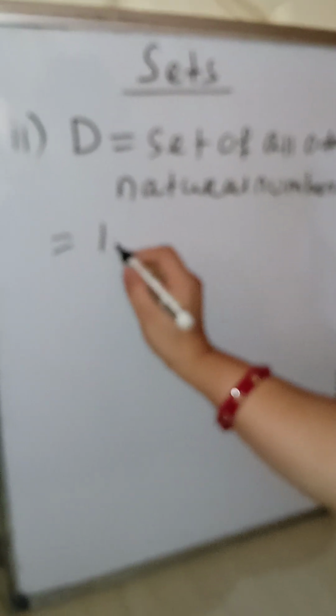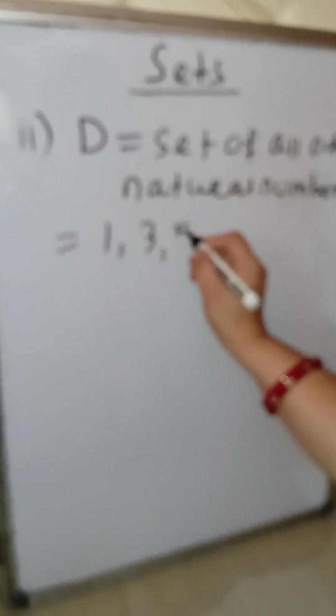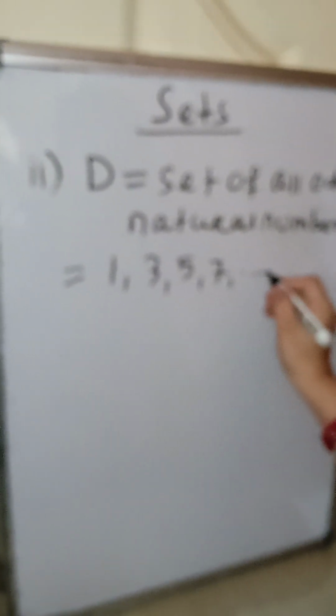The odd natural numbers are 1, 3, 5, 7, dot, dot. It means we cannot write all the elements of this set. The dots tell us that the list of odd numbers continues indefinitely. After 7 there are indefinitely many odd numbers, but we cannot write all of them here.